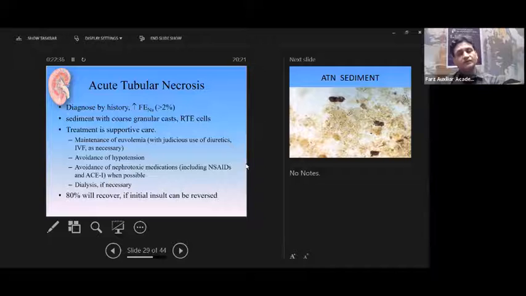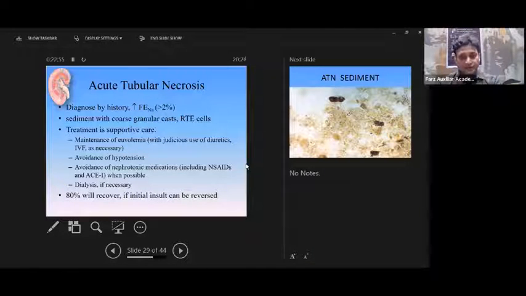In most of these cases, 80% recover if the initial insult is reversed, and we can avoid further AKI from other causes, that is hypovolemia or hypotension, and other medications that may affect the kidney.